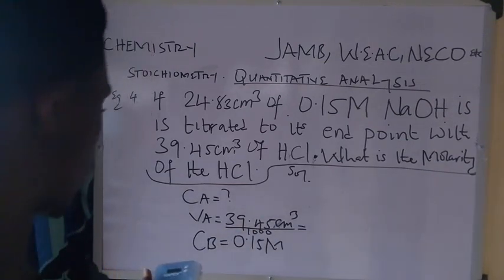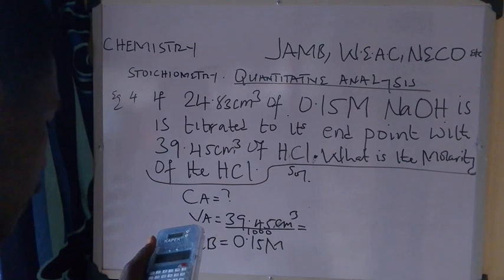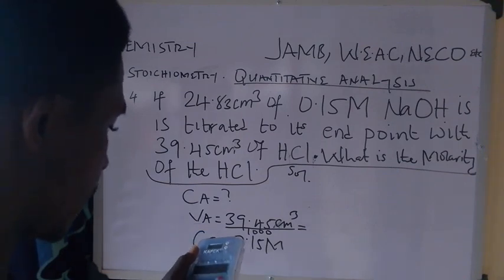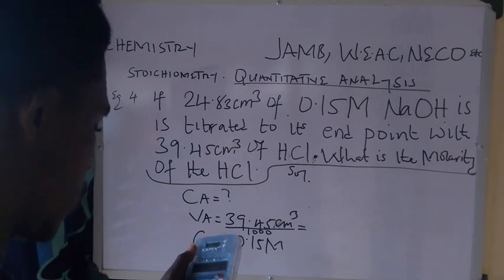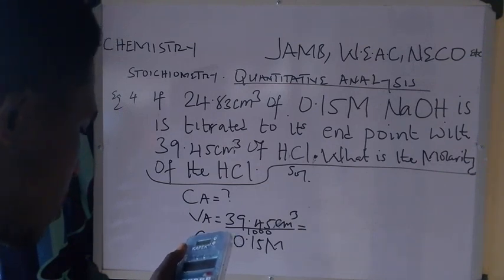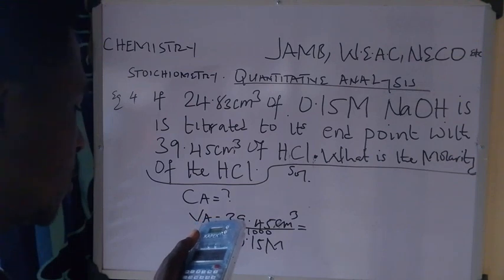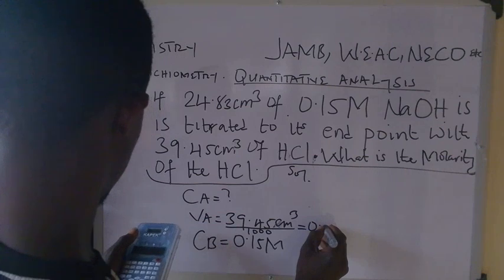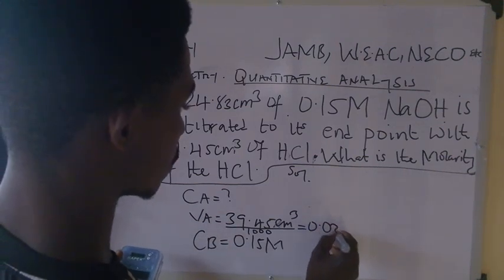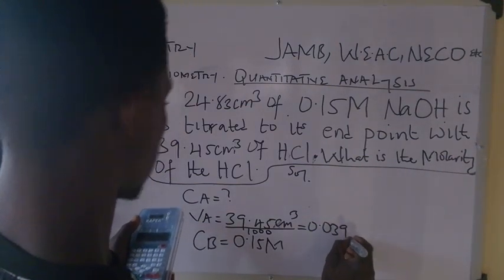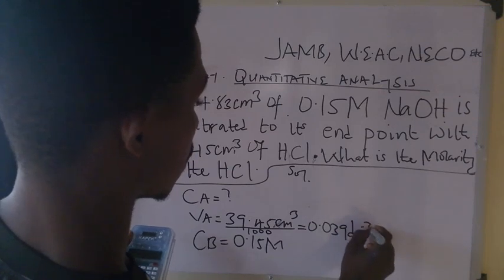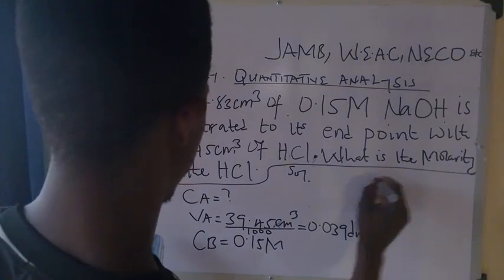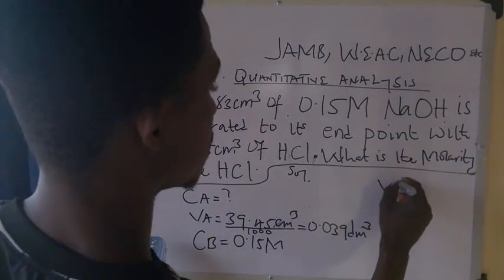So 39.45 divided by 1000, I have 0.039 dm³. So that's my VA.